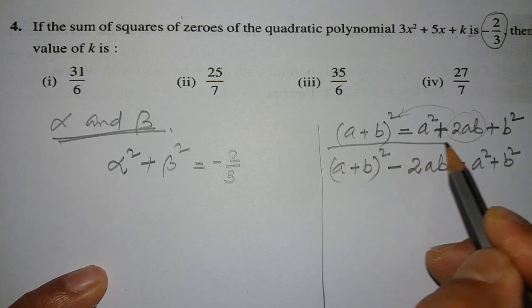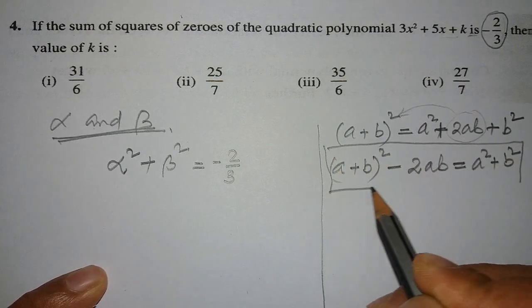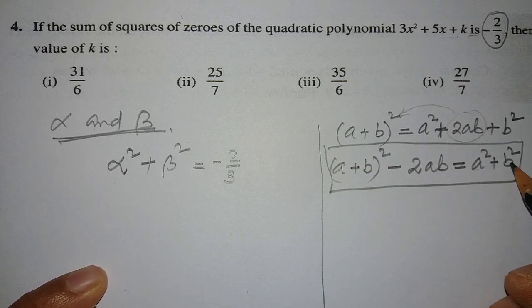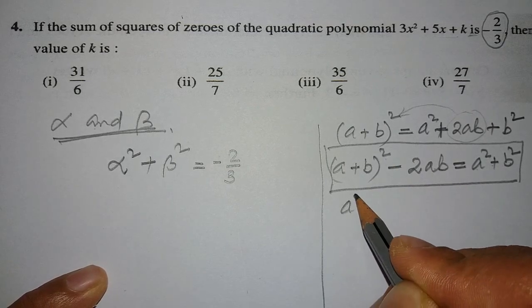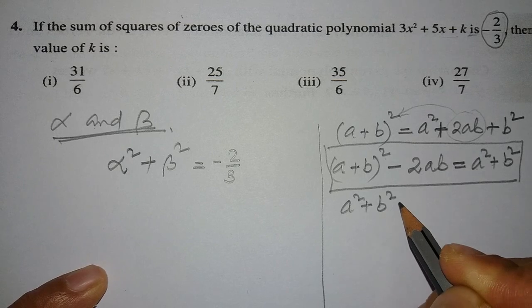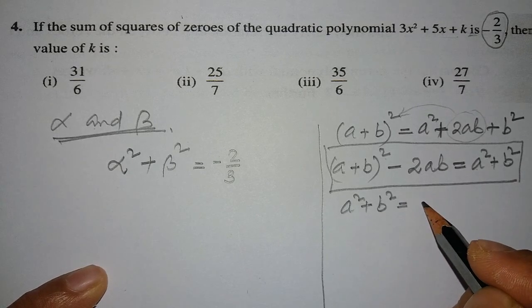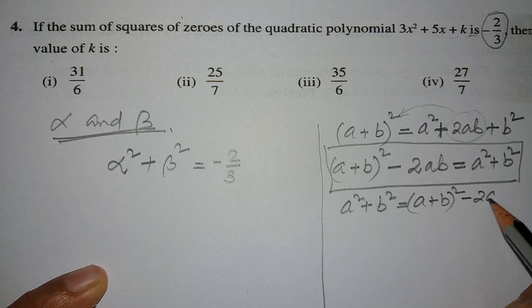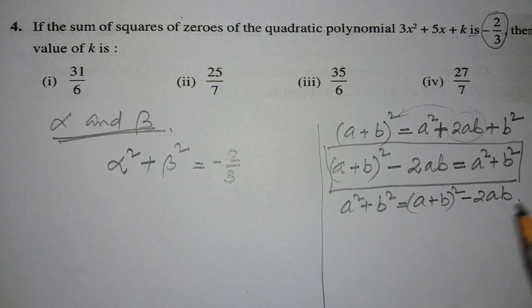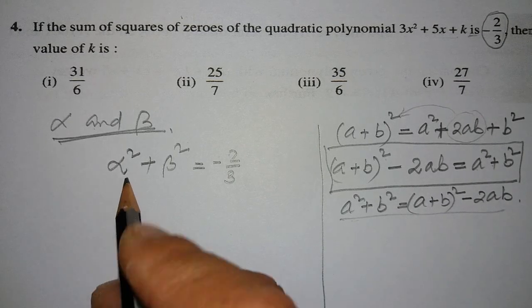So what we got here is a new formula: a square plus b square is equal to a plus b whole square minus twice ab. Now we're going to apply this formula here.